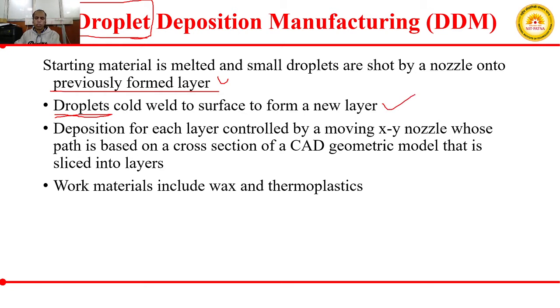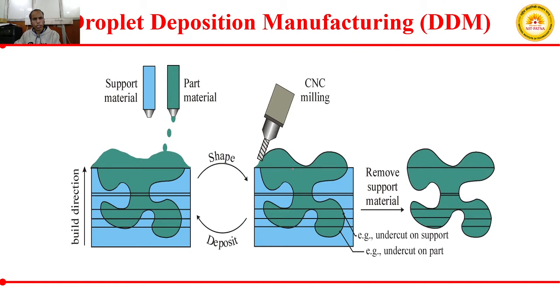The concept remains the same; only the method of depositing the layer is changing. Here we are using melted material deposited in the form of droplets, and as soon as these droplets are solidified, we move to the next layer as per our slice data. We will be discussing more about these technologies at a later stage.